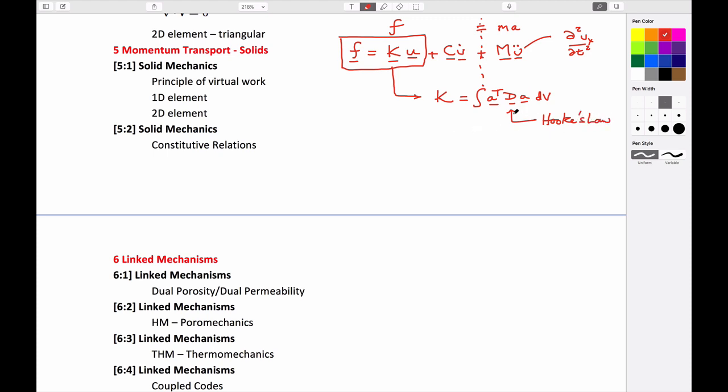And the A matrices are just the derivatives of the shape functions for the particular elements that we choose as well. And so there's some similarity between all of these components because it's a second order PDE, even though it's operating on a displacement which has directions of magnitudes in x, y, and z.